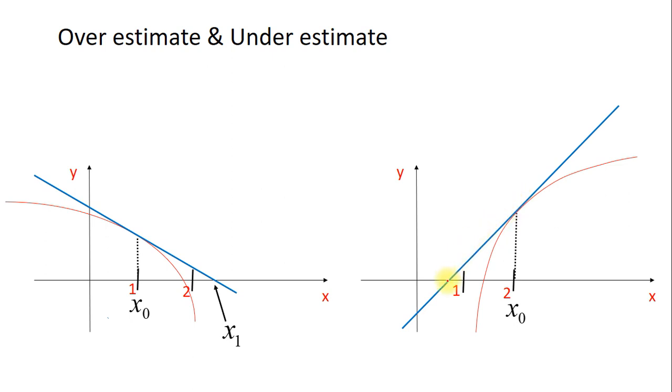Can you see the first approximation will be here? So by using Newton Raphson method for this situation, your first approximation will be less than the root. The root is here. x1 will be less than the root. So for this one, we say that the Newton Raphson approximation will be underestimate.